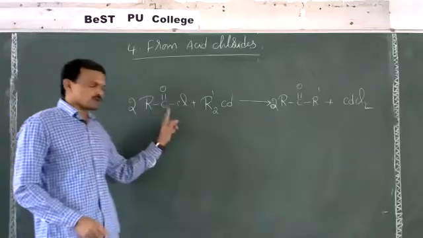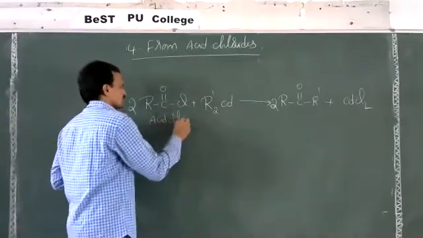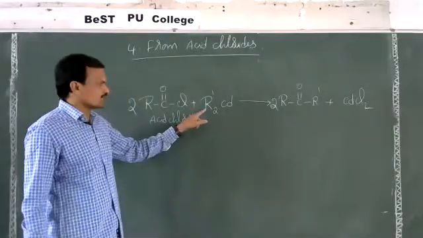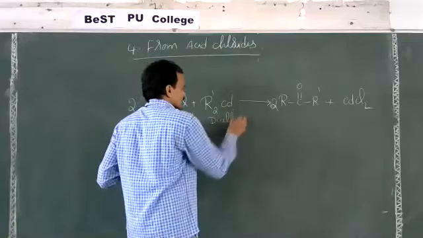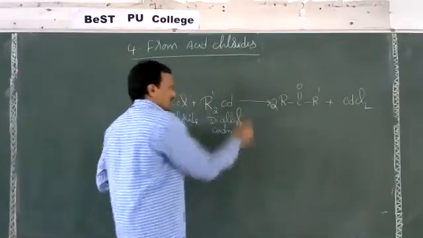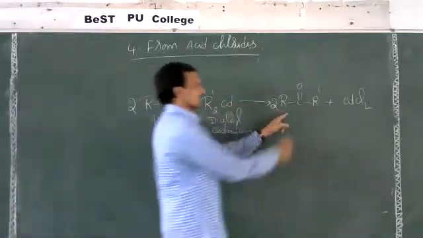So this is acid chloride. When acid chloride is allowed to react with dialkyl cadmium, this is a dialkyl cadmium, it gives a ketone.